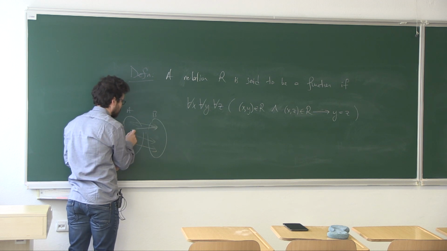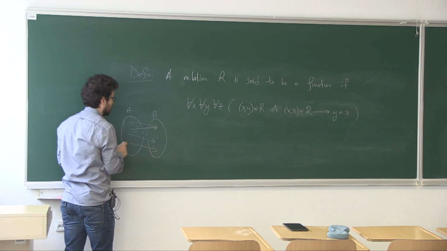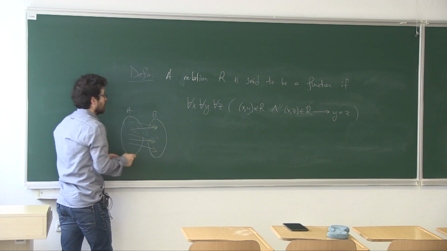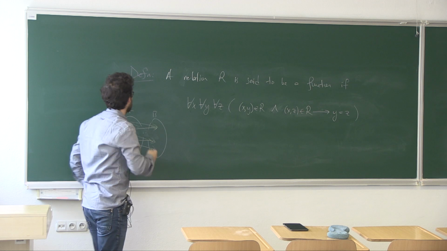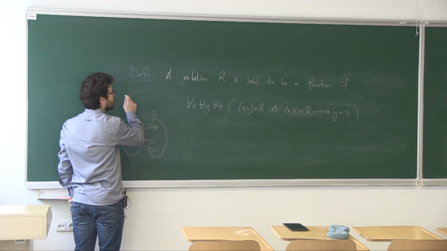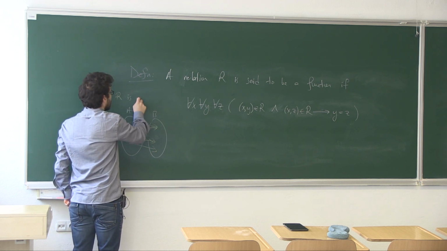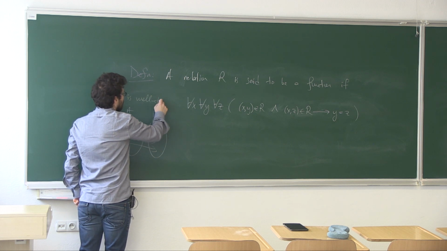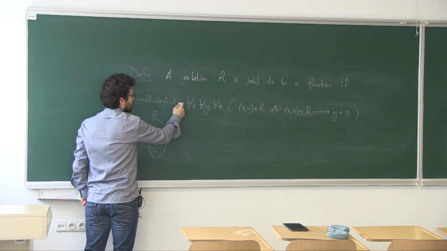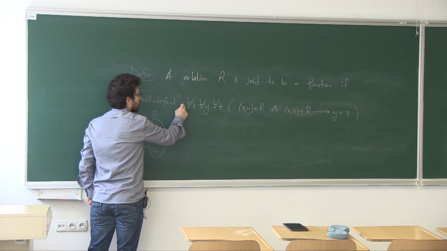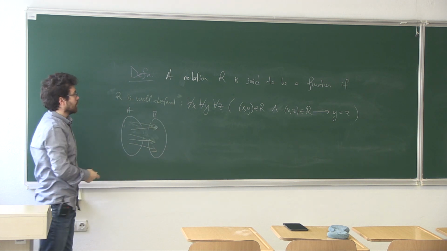Now this notion, sorry, let's not do this. This property is sometimes called being well defined, okay? When you say a relation is well defined, you mean this, okay?